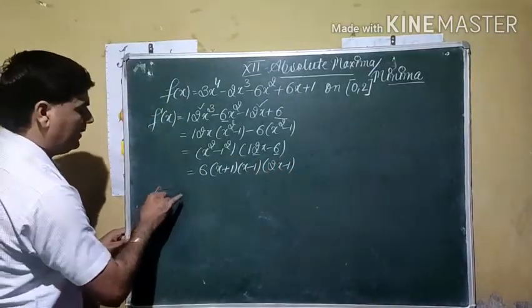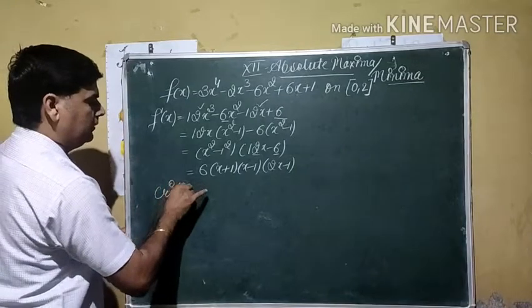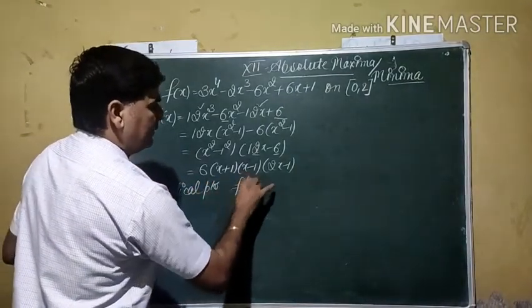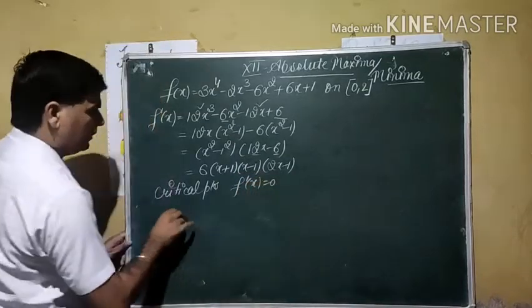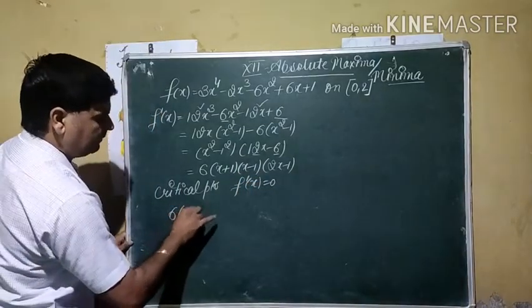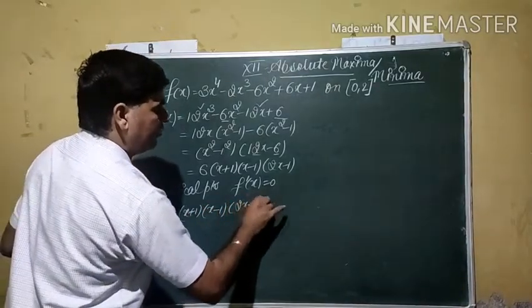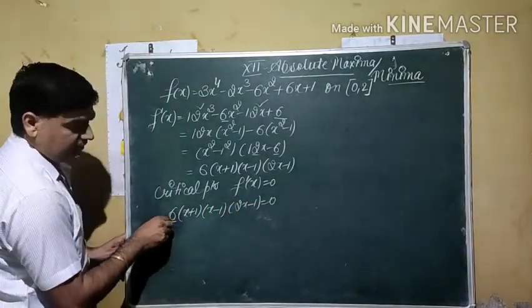Second step, we find the critical points. To find them, we take the first derivative as 0. That means 6 times x plus 1, times x minus 1, times 2x minus 1 is equal to 0. As you know, 6 is a constant and cannot be 0.